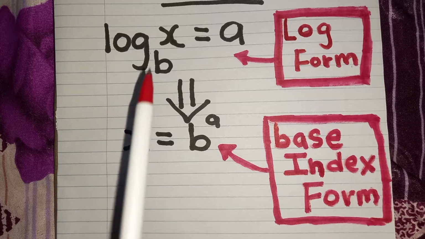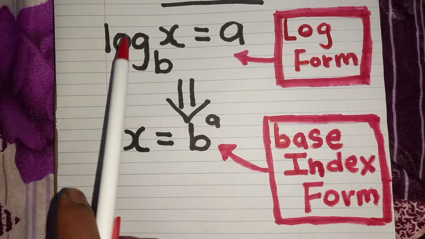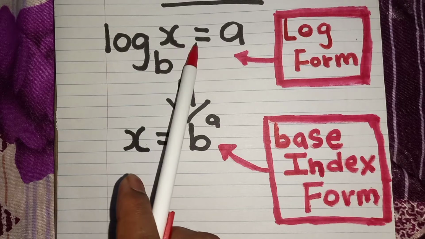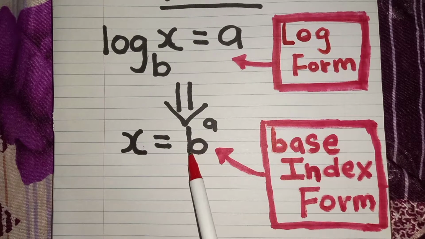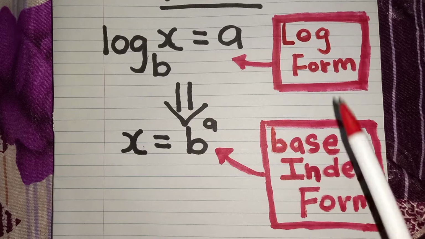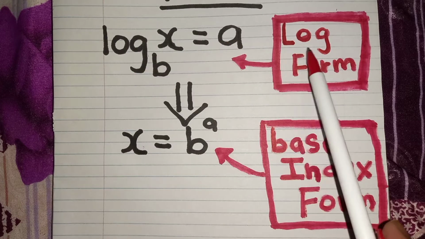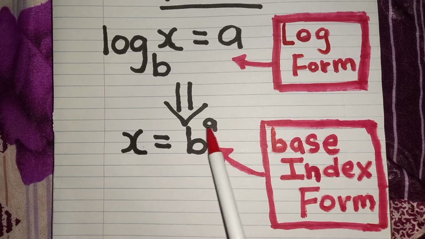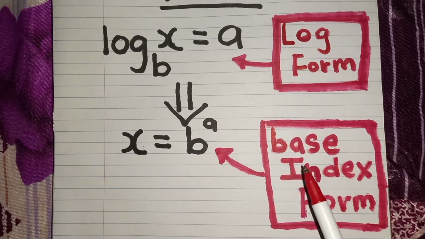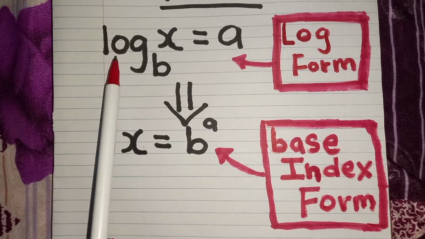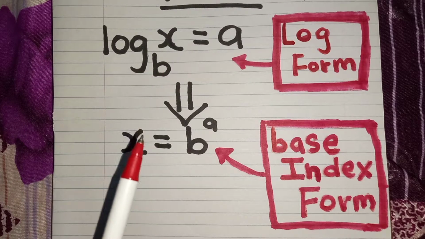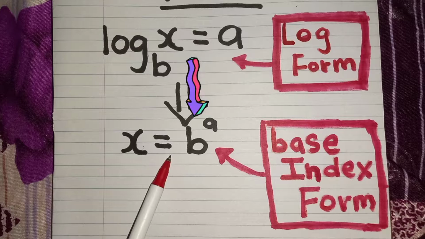So from here you can see that there are two forms given. The first one is log form: log base b of x is equal to a, and x is equal to b raised to the power a. The top one is known as the log form. This part is known as base index form. So when you are given your question in log form, you'll be asked to convert to base index form.